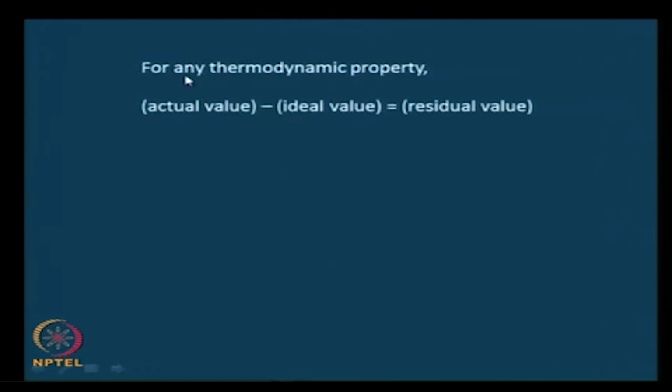Pay a little bit of attention to this. For any thermodynamic property, for the 5 that we are looking at now, you can write this for any thermodynamic property or even combinations of thermodynamic properties. The actual value minus the ideal value, or the difference between the actual value and the ideal value, is called the residual value.